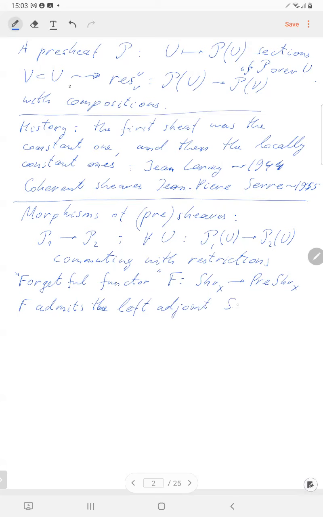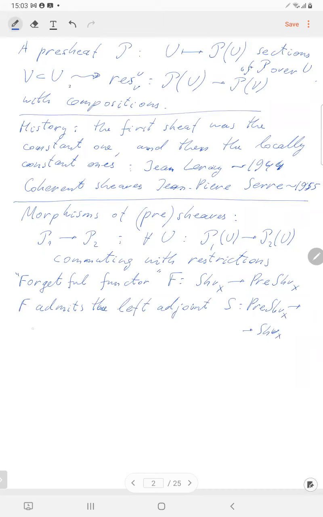Say S from pre-sheaves to sheaves on X. So what does that mean to have a left adjoint?